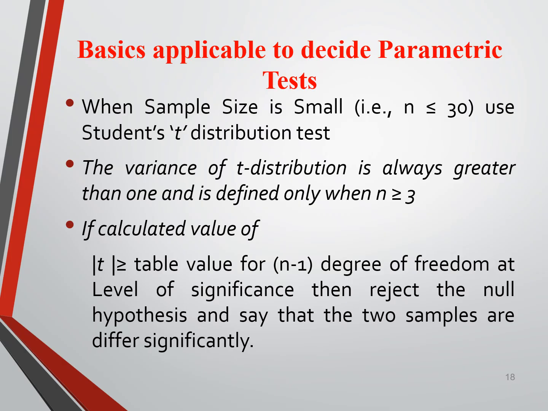And the level of significance is 5%. Then the value given is 2.23. So the table value is 2.23. If your calculated value is greater than 2.23, then you can reject the null hypothesis. It means that you are accepting the alternate hypothesis that the two samples differ significantly.